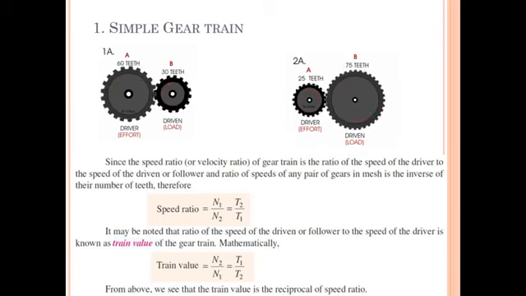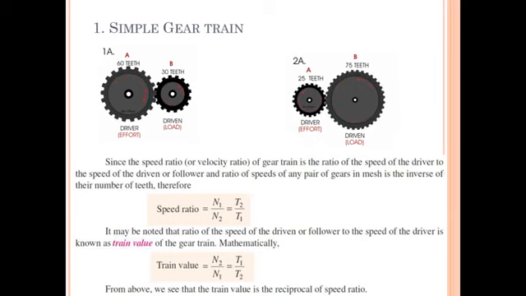Therefore, the speed ratio between these two gears can be given as N1 upon N2, the ratio of the speed of the driver gear to the speed of the driven gear. It is also equal to the inverse of their numbers of teeth, that is T2 upon T1. This ratio is the speed ratio.